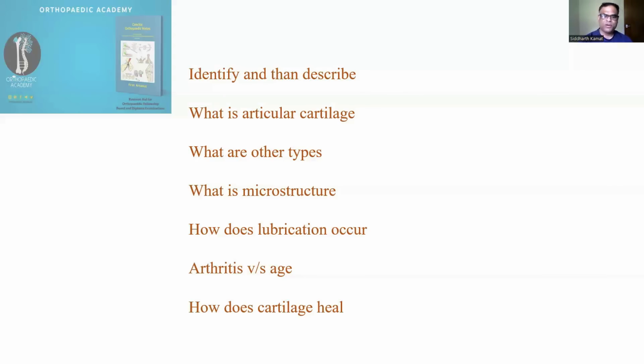How does lubrication occur is a very common question. There are various types of lubrication that occur depending on the range of movement and loading of the joint. It can be boundary lubrication, which is a fluid separating 2 slippery surfaces. It can be hydrodynamic lubrication, in which the fluid which separates the surfaces deforms at various places.